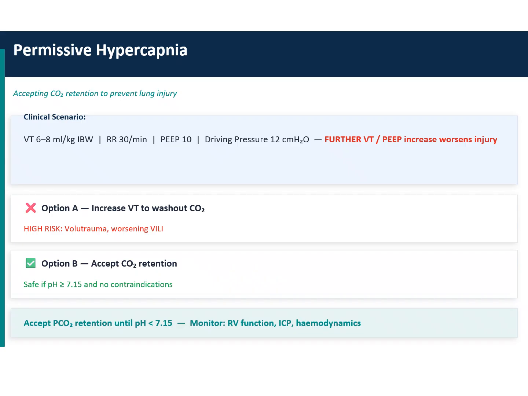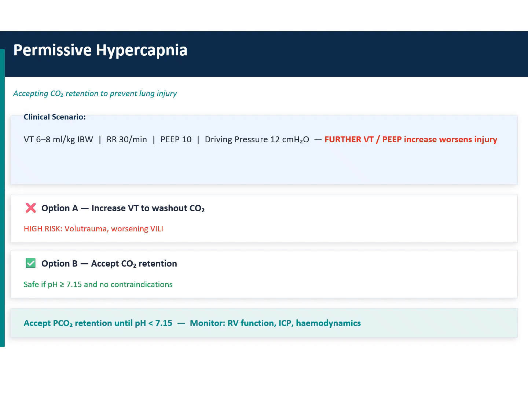You are just distending it by increasing the PEEP. So you have maxed out on ventilatory settings, but you can always increase the tidal volume so that you can wash out the CO2. So if you are given two options, to increase the tidal volume and wash out the CO2, or to accept the CO2 retention with a little bit of acidosis, you should go for the second option. That is called permissive hypercapnia.